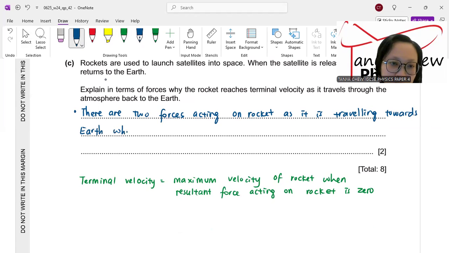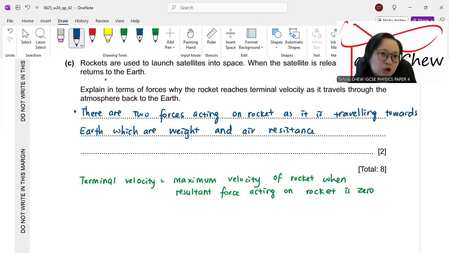Which are weight, that means the weight of the rocket, and air resistance. Do you still remember about the air resistance? Air resistance can only act on the object when the object has speed. Since the rocket traveled back to the Earth, the rocket definitely has its own speed.